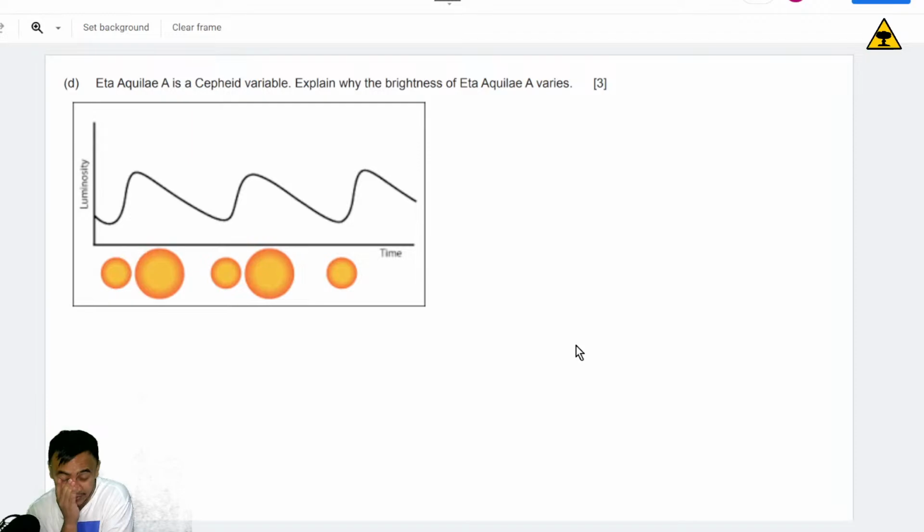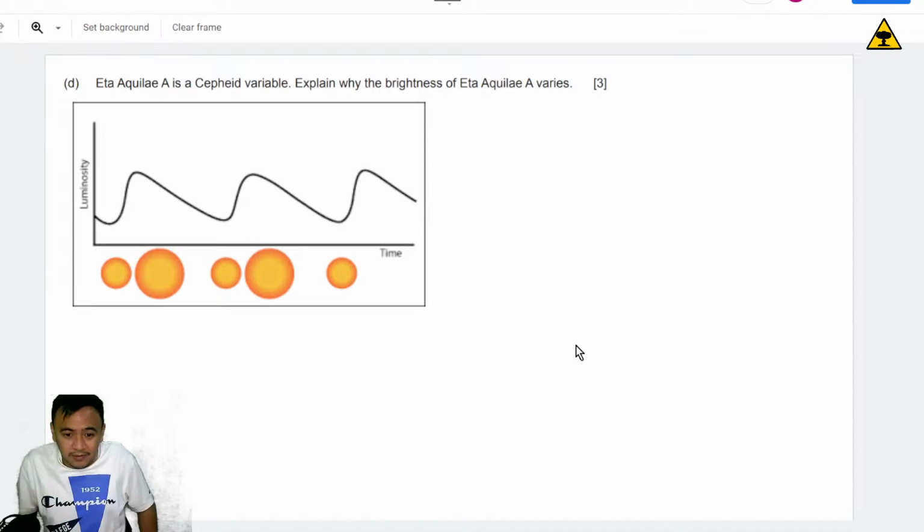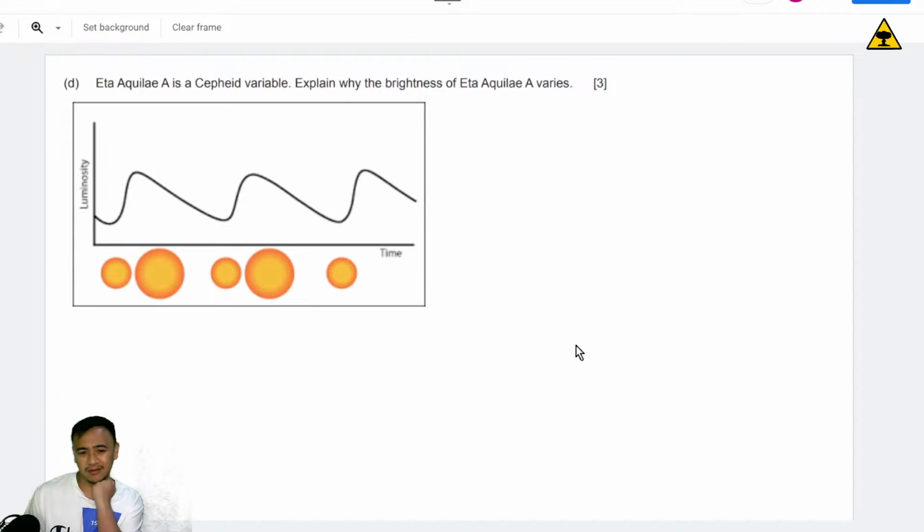When does it become bright and when does it become dim? At its maximum. Yeah, but why is there a maximum brightness? What's happening here, in this part?